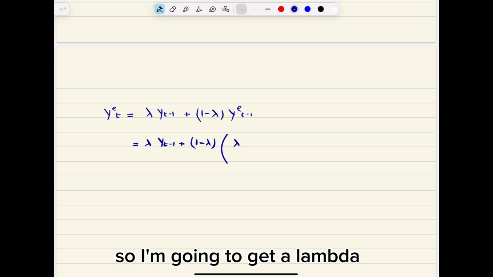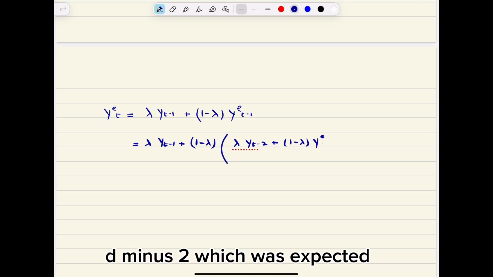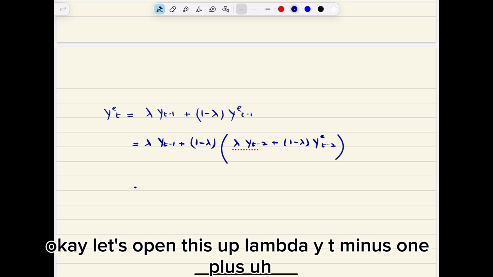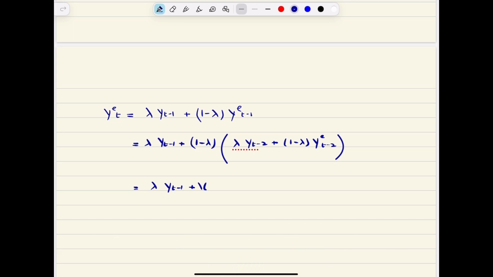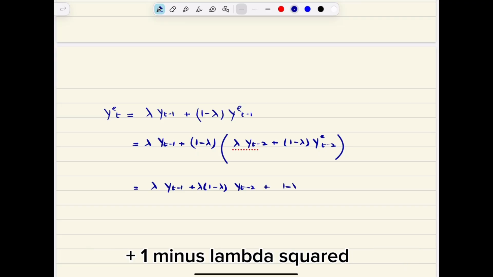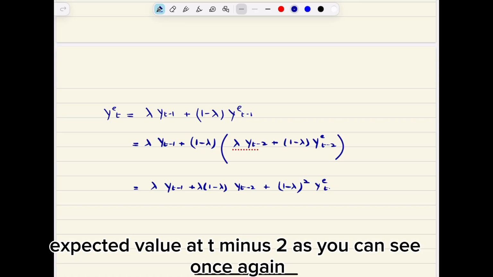So I'm going to get lambda Y_{t-2} plus (1 minus lambda) Y^e_{t-2}, which was expected. Okay, let's open this up. Lambda Y_{t-1} plus lambda times (1 minus lambda) Y_{t-2} plus (1 minus lambda) squared times the expected value at t minus 2.